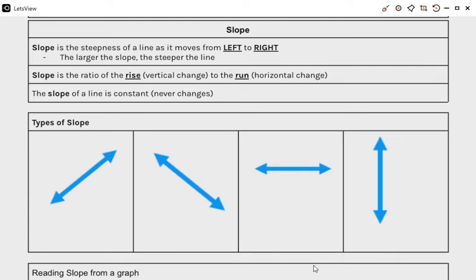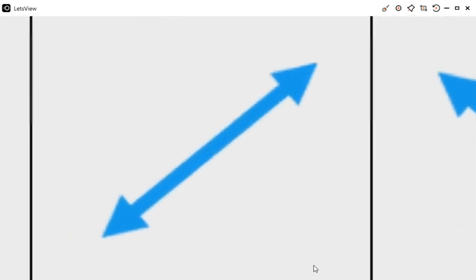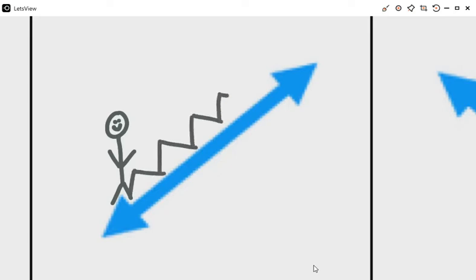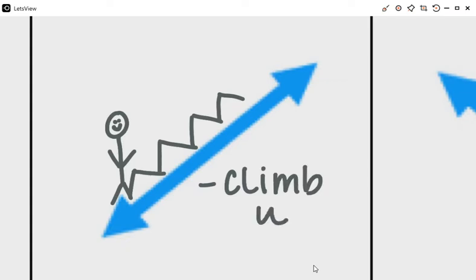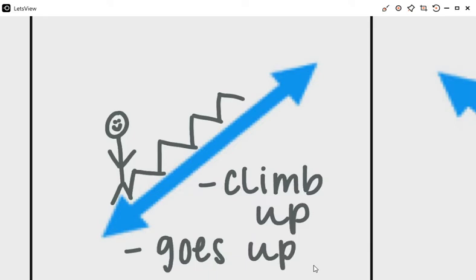So the first one right here, the way that I like to think about it, if you put a little person on this line, they're going to have to climb up your slope. They have to climb up. As you can see, it goes up as you go from left to right. Your line goes up.